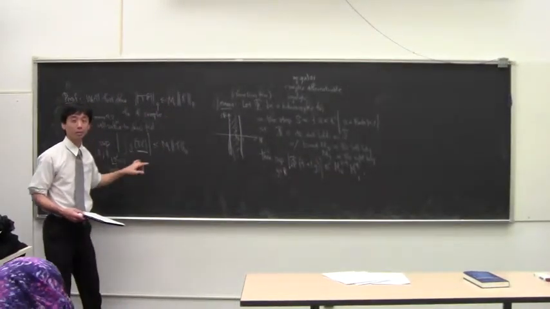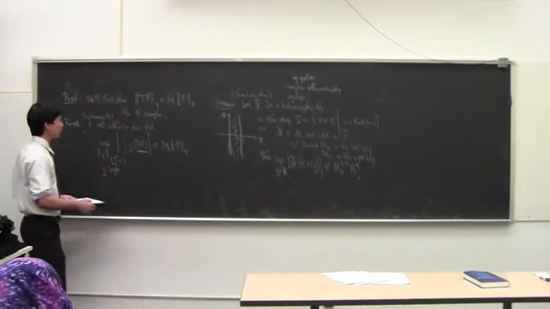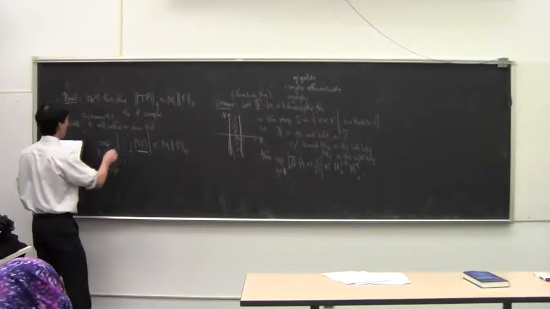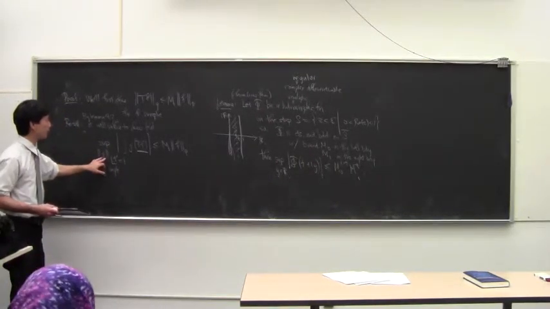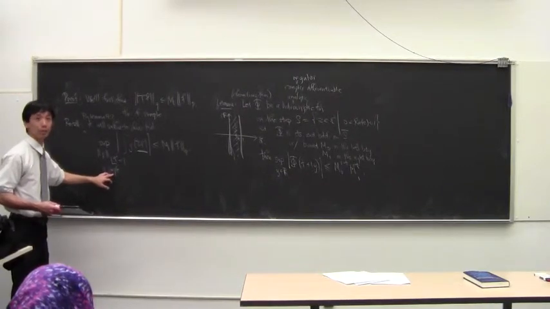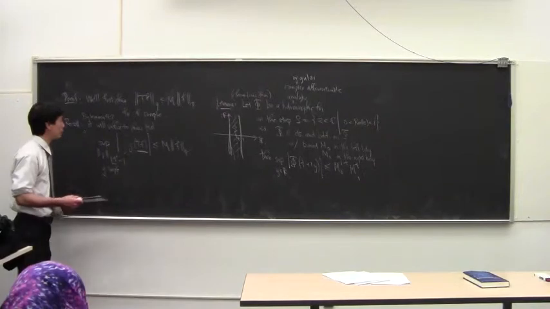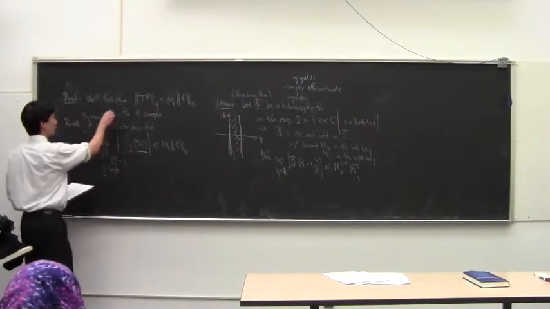That's what we're going to do. We want to control this sort of thing where the G's are LQ prime norm 1 and the G's are simple. So just remember lemma 4.2.